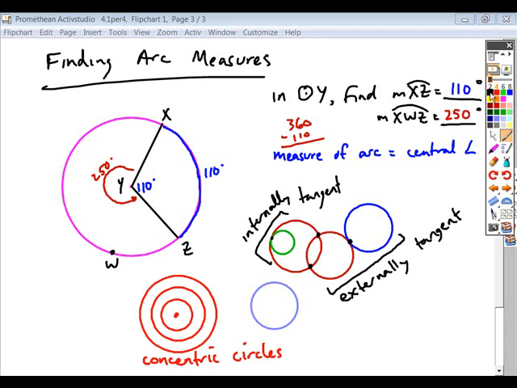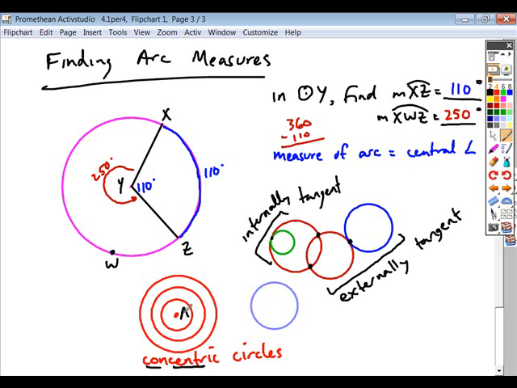And the word itself builds on the prefix con, which means with or within, or with the same center. So concentric circles just have the same center.